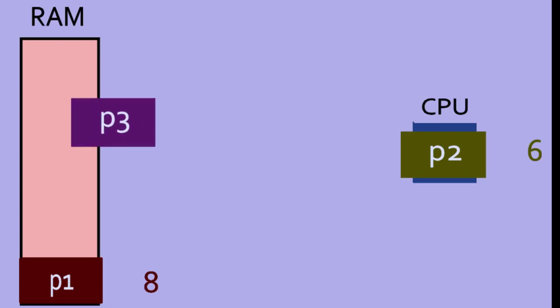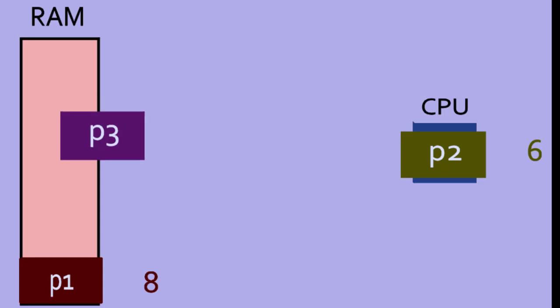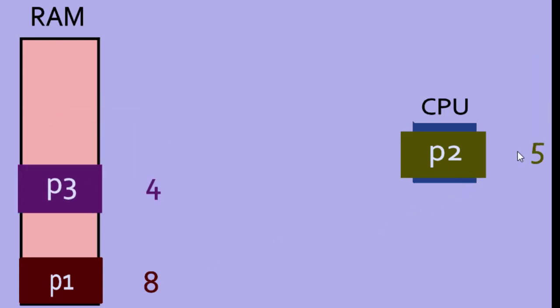And while P2 is in execution, P3 arrives in the memory. As we can see, the remaining time of P2 is now 5. It was 6, but because the CPU has begun the execution of P2, from 6 it has come down to 5.